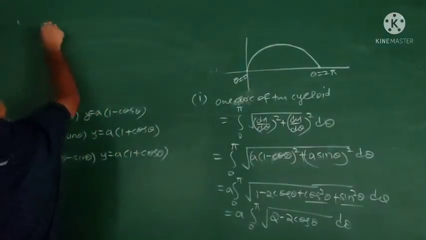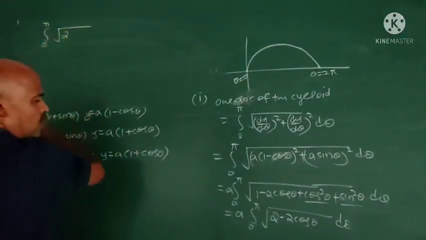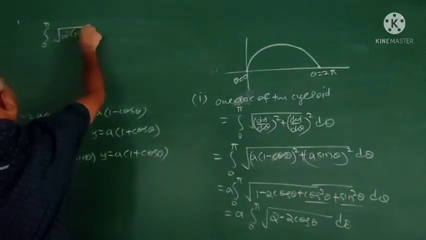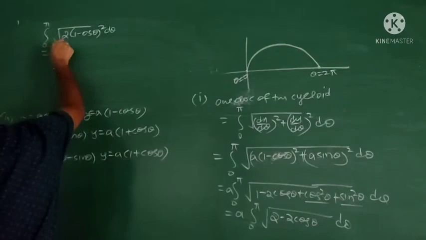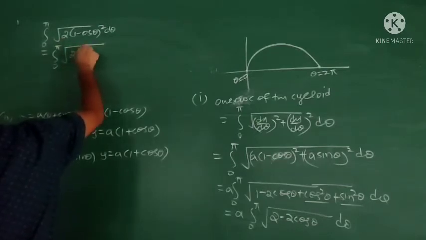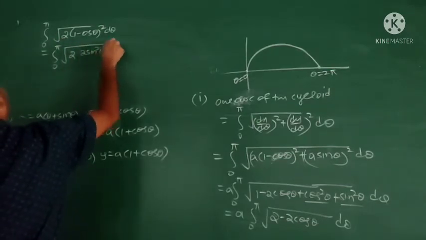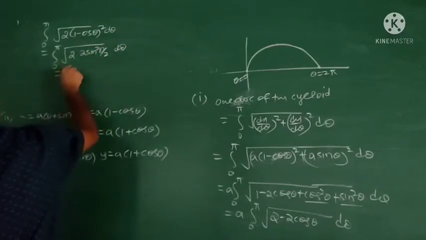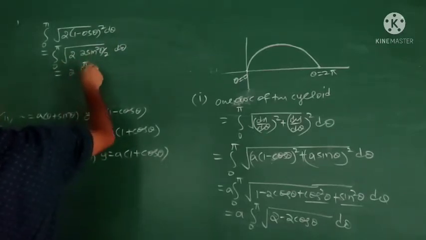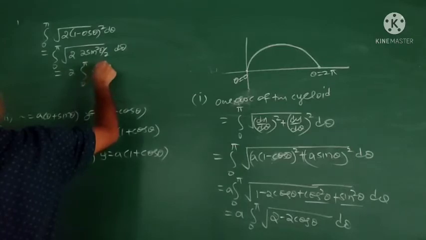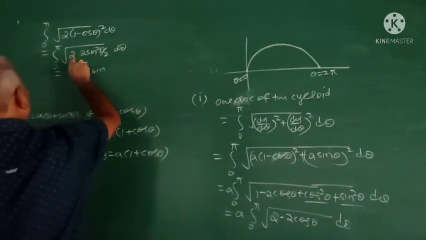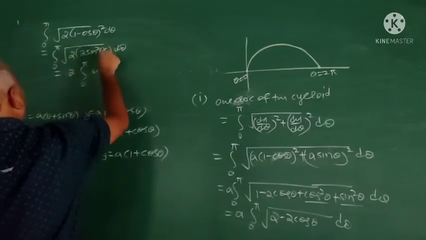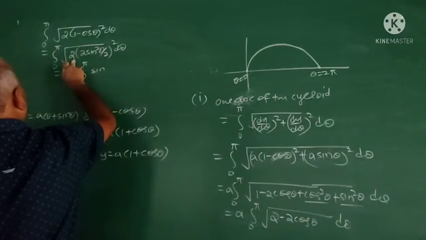Therefore, 0 to pi, square root of 2 into (1 minus cos theta), with respect to theta. That is 2 sin square theta by 2.